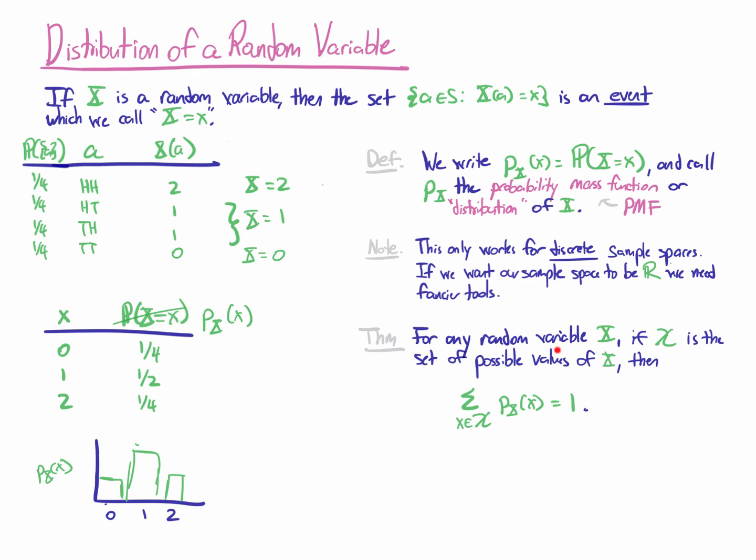For any random variable x, if fancy x here is the set of all possible values that could be taken, then if I sum up across all possible values and I evaluate the probability mass function on each of those values, and add them together, so for example here, I add these together, the result has to be equal to 1 because it's a probability across this big partitioned sample space, and it all has to add up to 1 in the end. And so the idea that probabilities have to add up to 1 can be expressed here in terms of the probability mass function of a random variable. That's one expression of this idea.